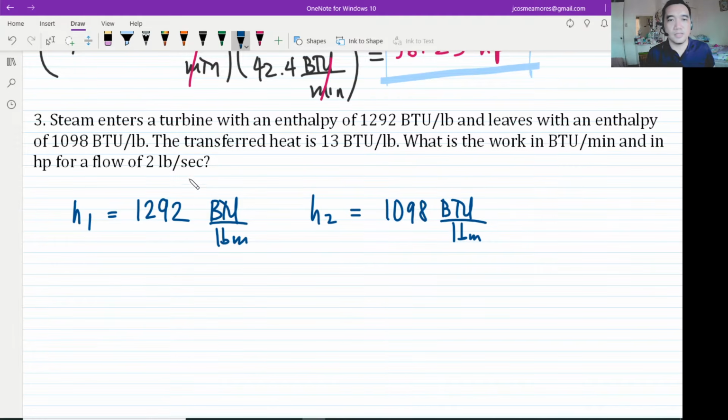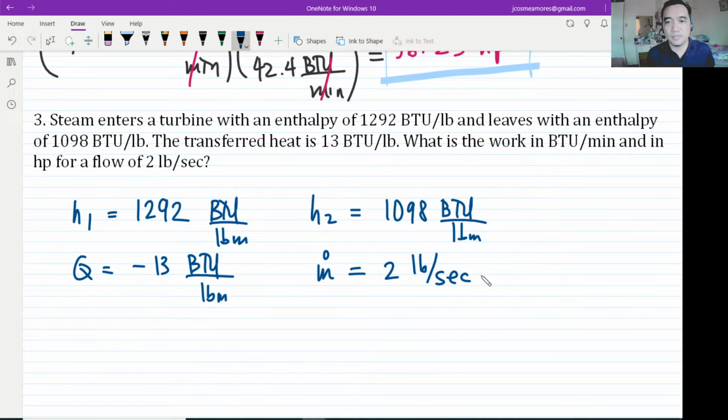The transferred heat is negative, because heat was removed from the system. What is the work in BTU per minute and in horsepower? We're now given the mass flow rate: 2 pounds per second.